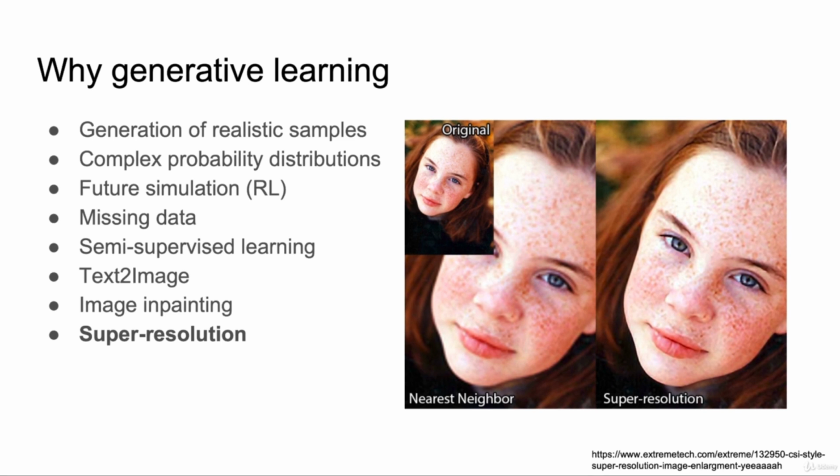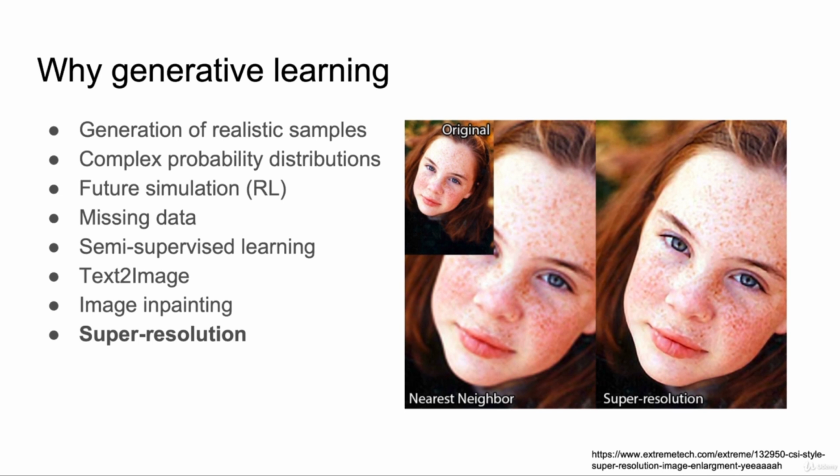Next application is super resolution. Imagine that you have an image that is very small and you would like to increase its size. And if you just do it in a program like Photoshop that uses the nearest neighbors method or some other interpolation method, you will obtain a very low quality image.